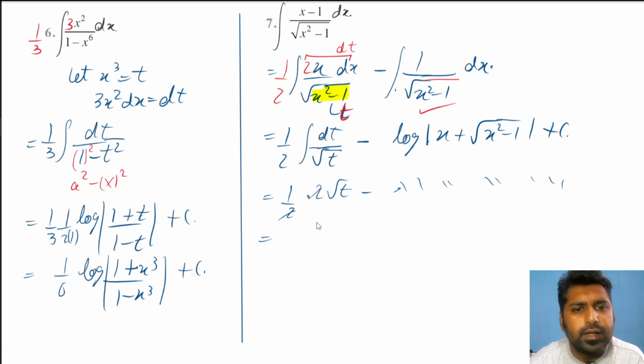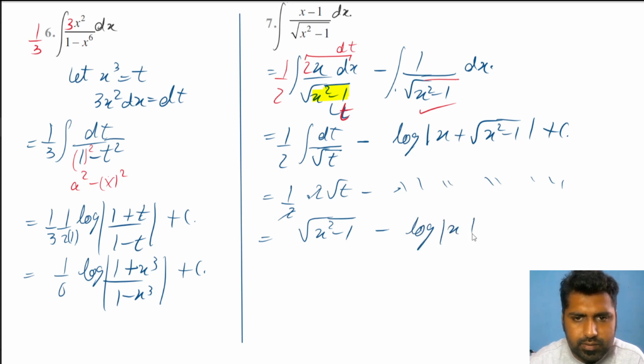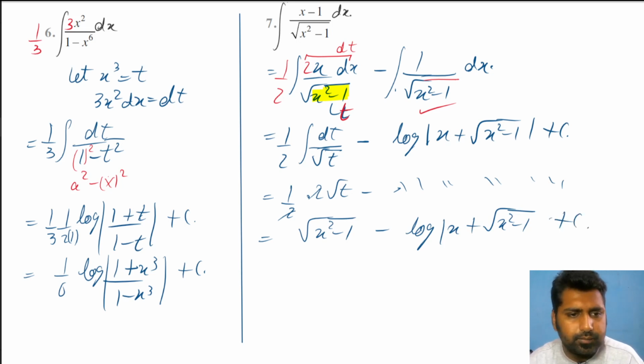So root t was x square minus 1, so square root of x square minus 1 minus log mod x plus square root of x square minus 1 plus c. Okay, this is the answer of this question. All right. Next result.